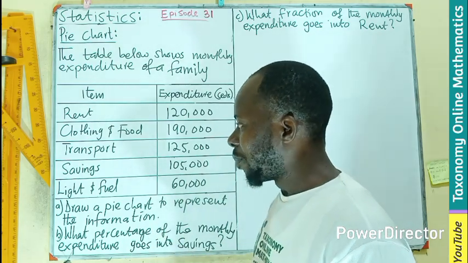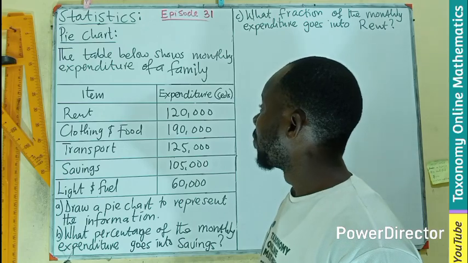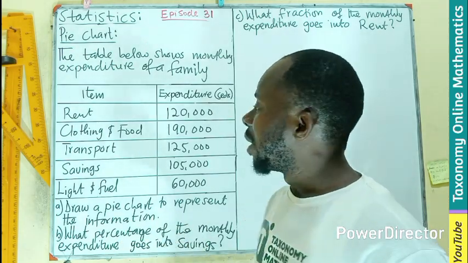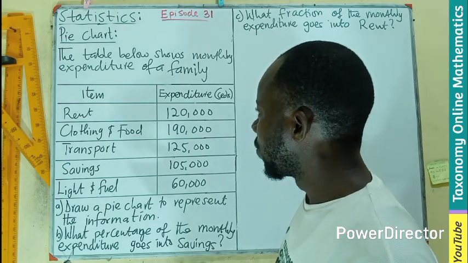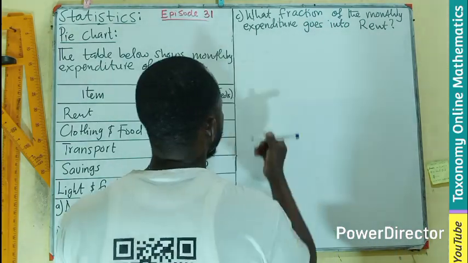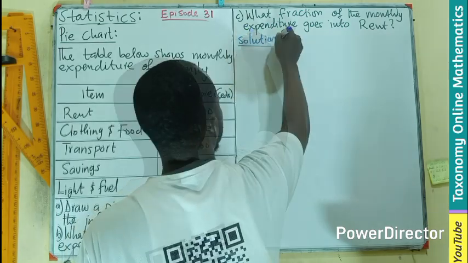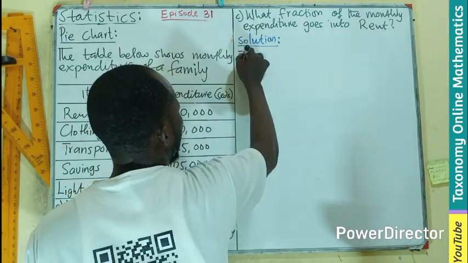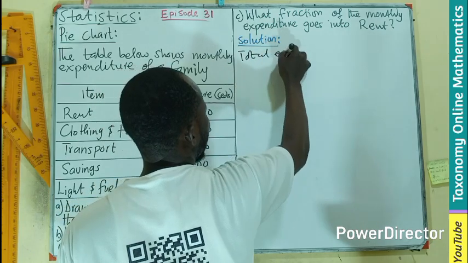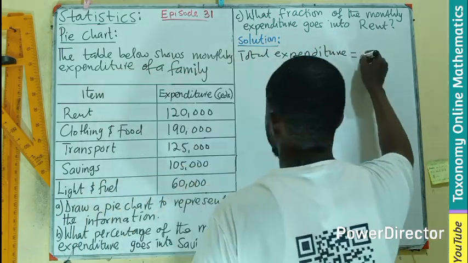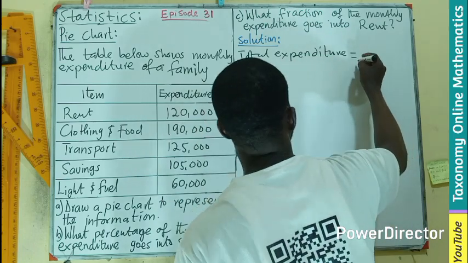But let's see the procedure we outlined in episode 29 that we follow in order to draw a pie chart. First thing is to find total expenditure. So our total expenditure is the addition of all of this.